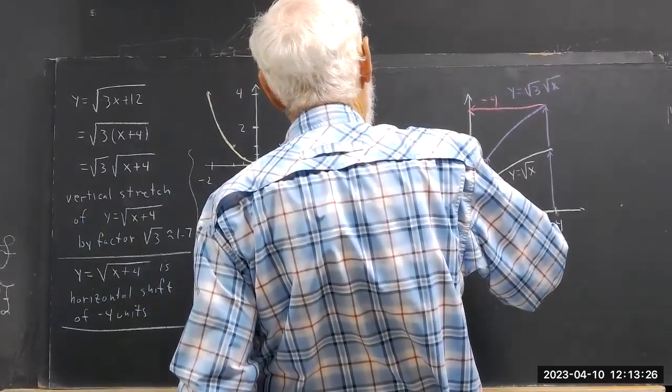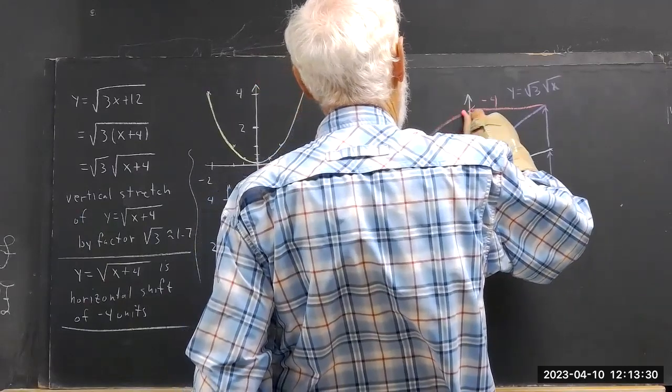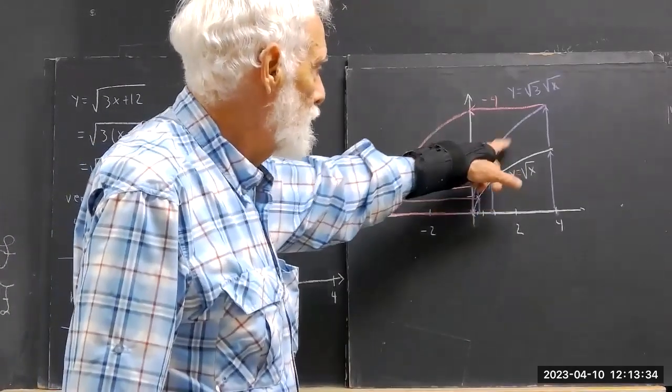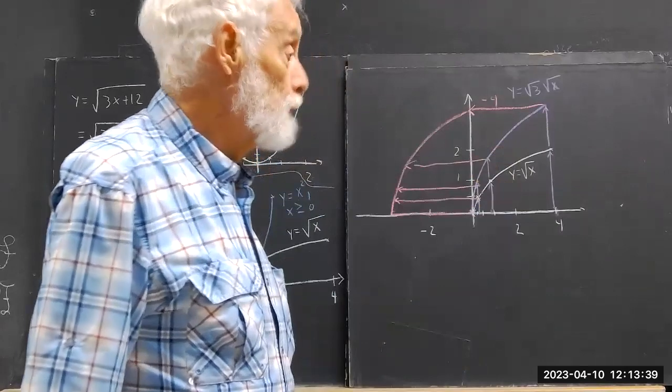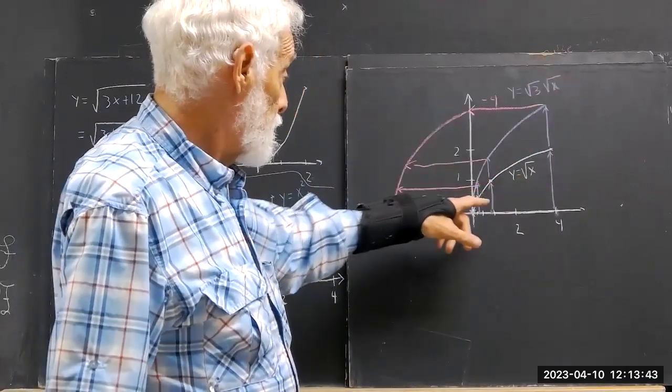But now if I sketch my curve, it's identical in shape to the vertically stretched curve, y equals square root of 3 times square root of x.